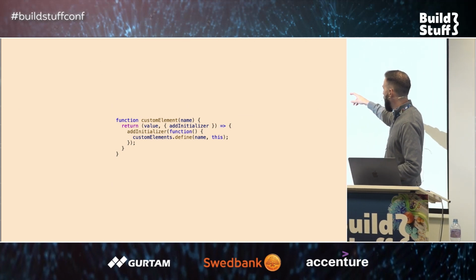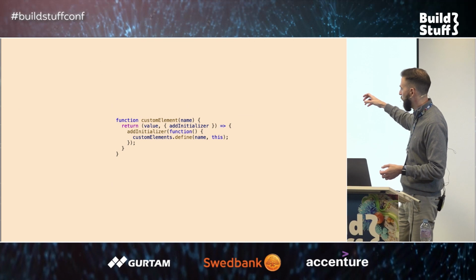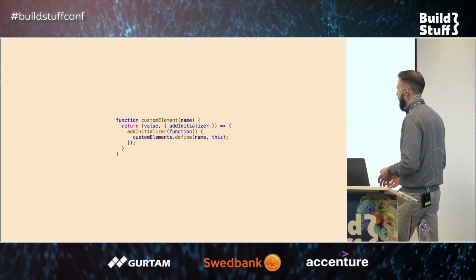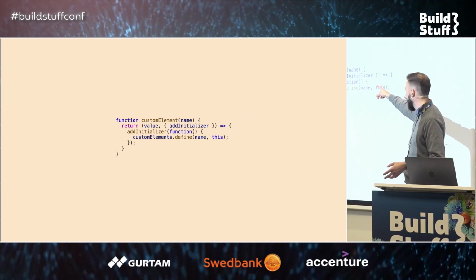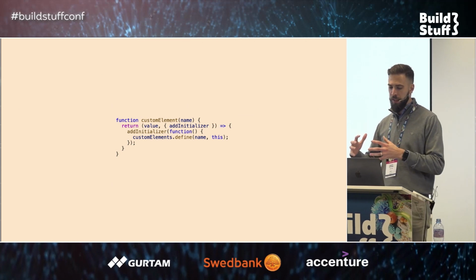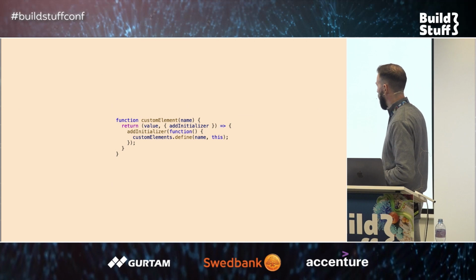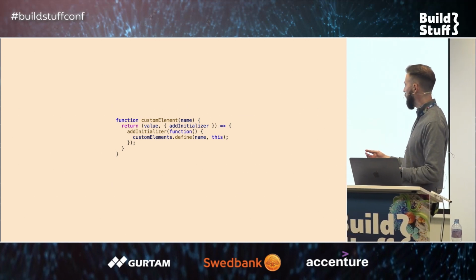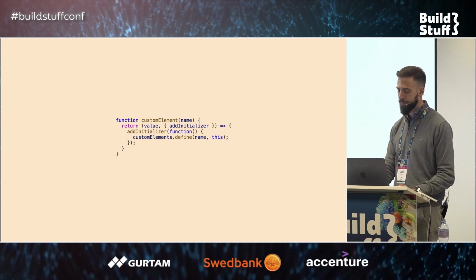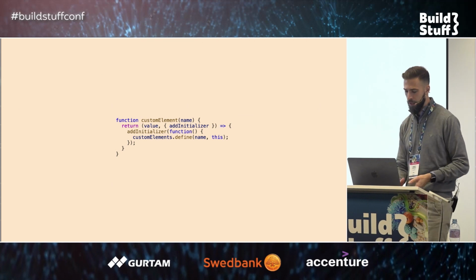CustomElements.define, then the name, and this in this case refers to the newly created class. It's important that at addInitializer we don't use arrow functions because we wouldn't get the context, but instead we use traditional functions, and this is going to be the initialized entity. And that's it. Actually, it's quite simple, I think.